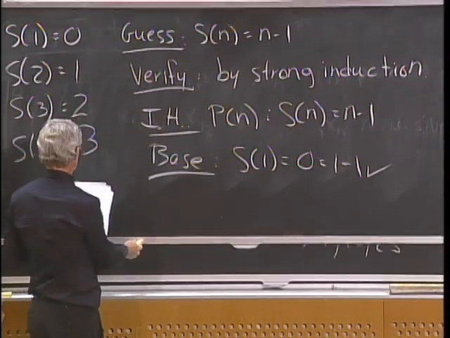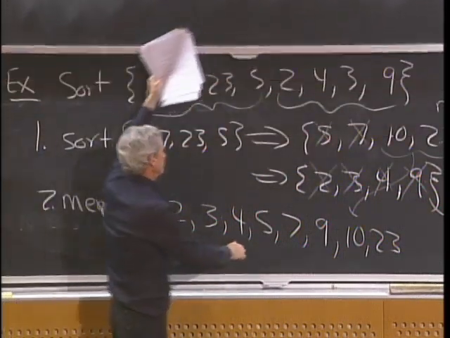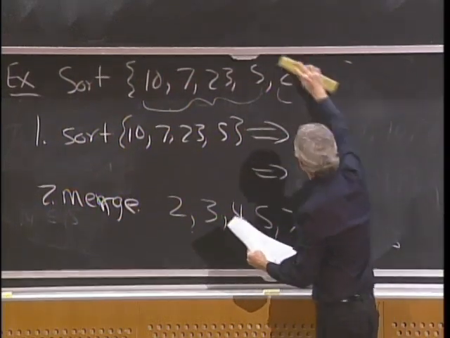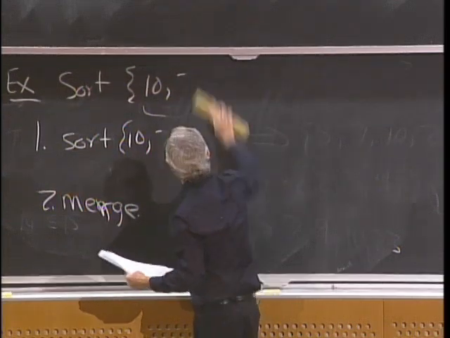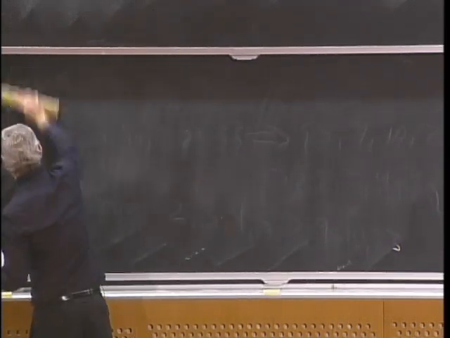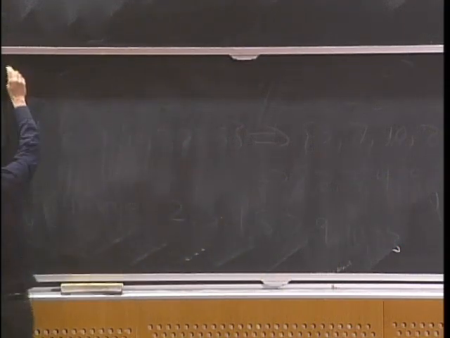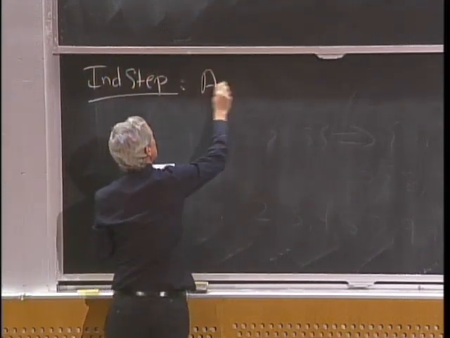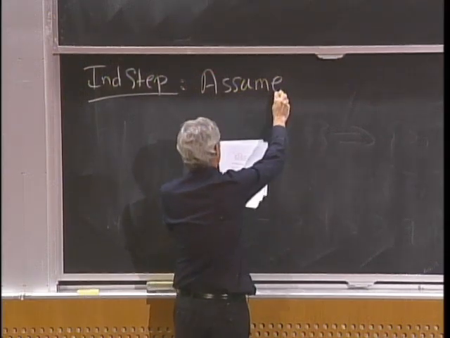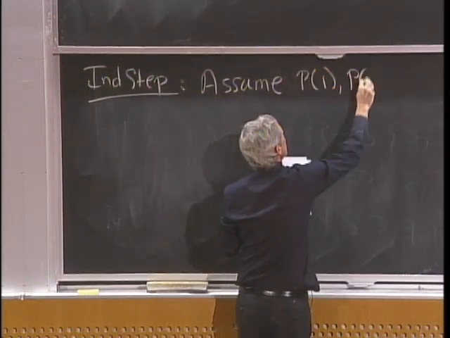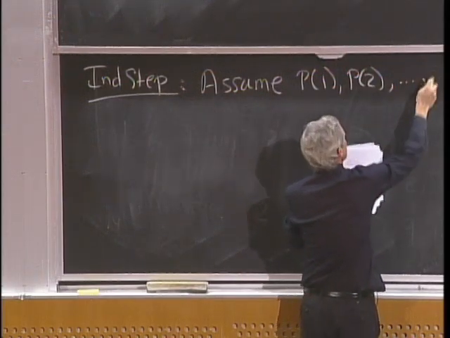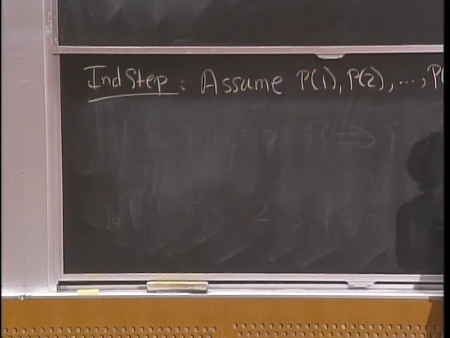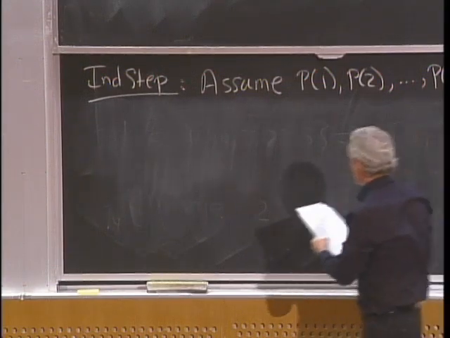So let's do the induction step. We're going to assume that P1 is true, P2 is true, all the way up to Pn, to prove Pn plus 1 is true for n bigger than or equal to 1.